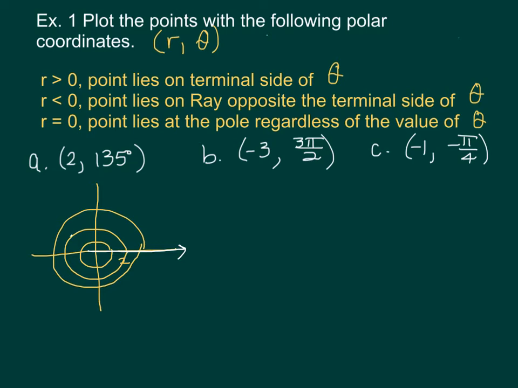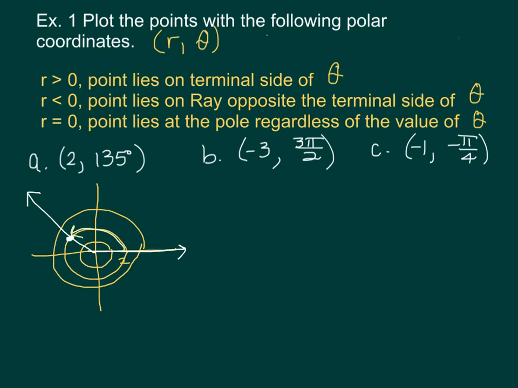And since our r is 2, it's going to lie on that terminal side. So this is 1, 2. And let me just show you, here's 135 degrees. And make sure you draw it exactly like I did.